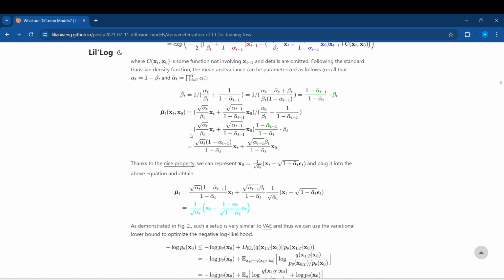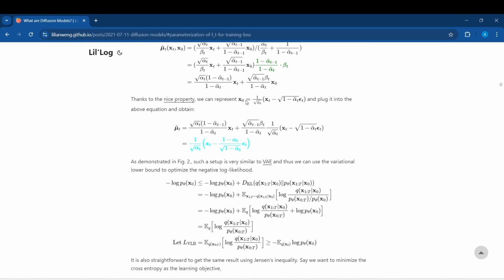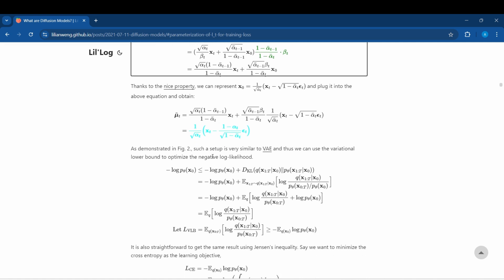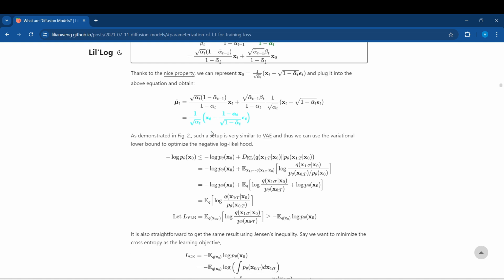Because this mu tilde depends on x0 here, we want to remove x0, so this becomes dependent only on xt, and it can be used at time step t.